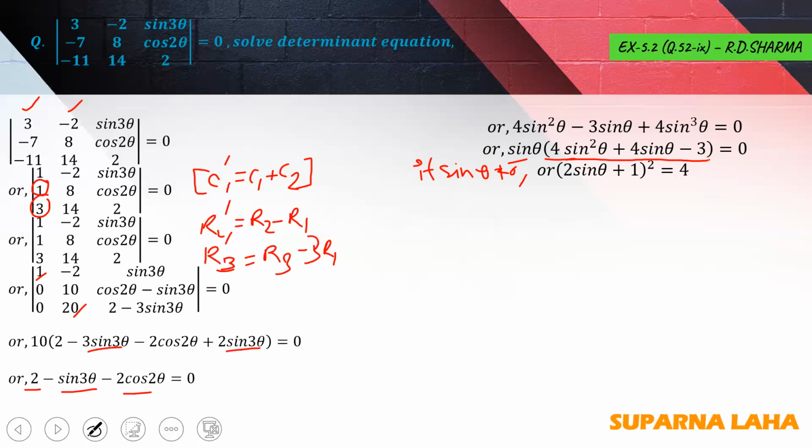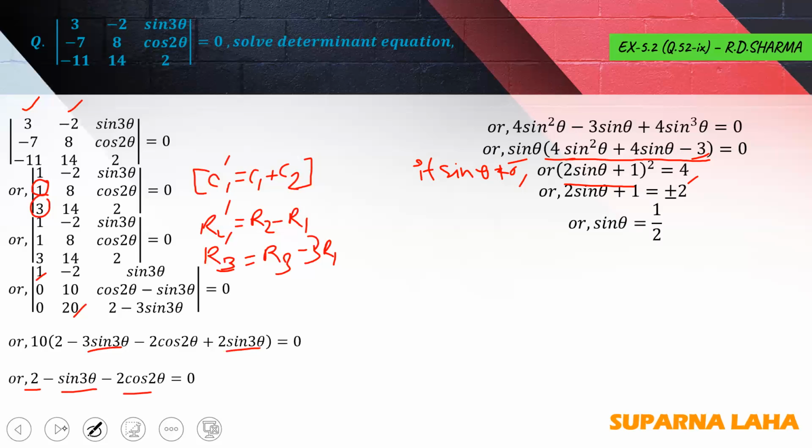Now look at here, 4 sin square theta, that is (2 sin theta) the whole square, plus 2 into 2 sin theta plus 1. Just take this 3 to the right hand side and add 1 to both sides. You will find 2 sin theta plus 1 the whole square, that is the (a plus b) whole square formula. You will find (2 sin theta plus 1) the whole square is 4.